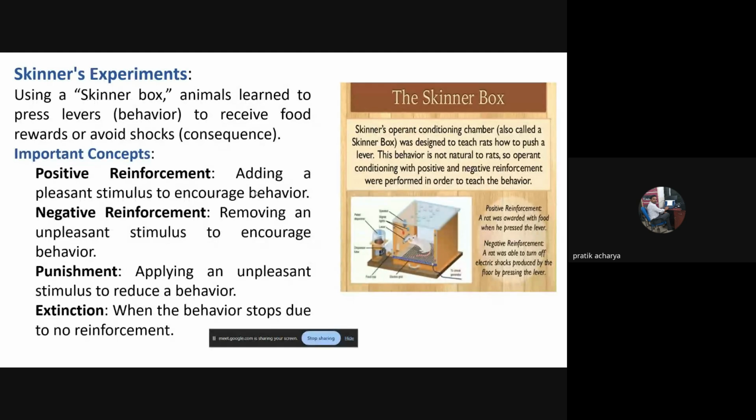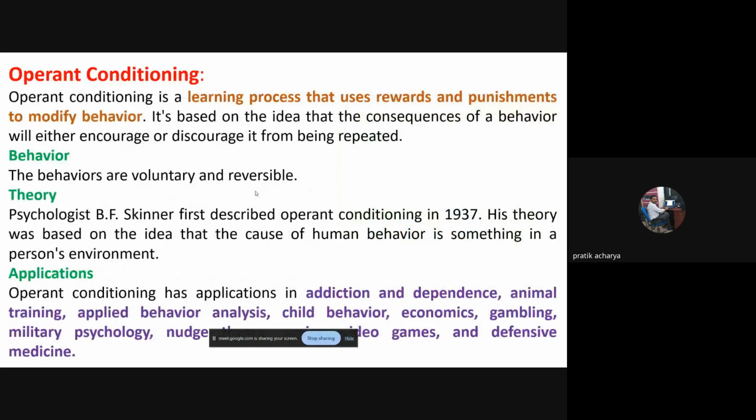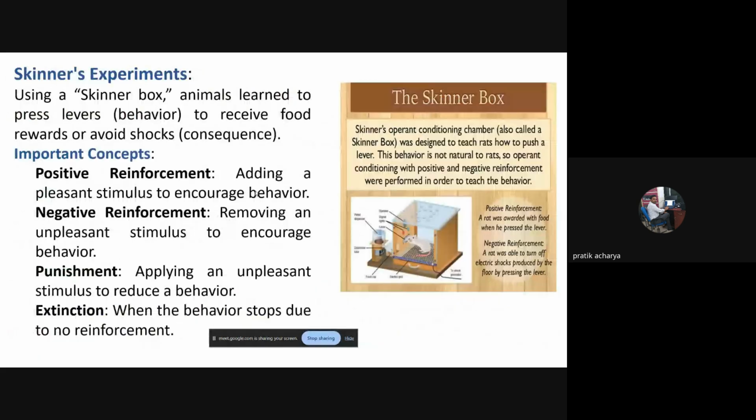Negative reinforcement is removing an unpleasant stimulus. That means the removal of a stimulus, and the organism starts doing this kind of action. Punishment and extinction are also part of this behavior, which is known as operant conditioning.